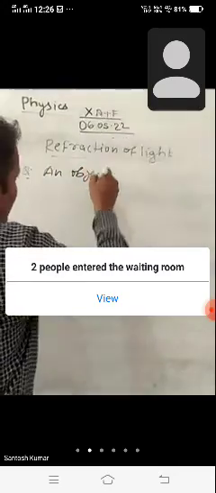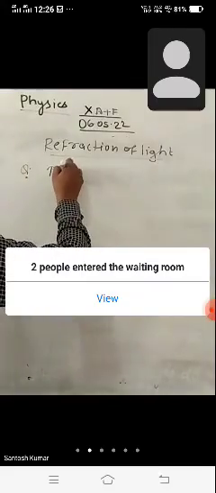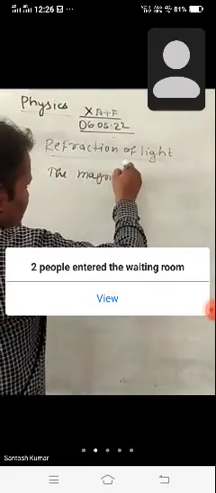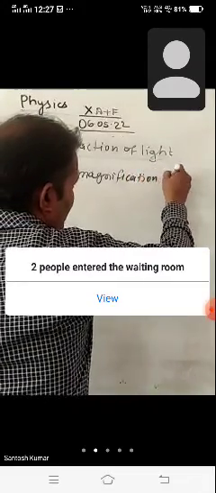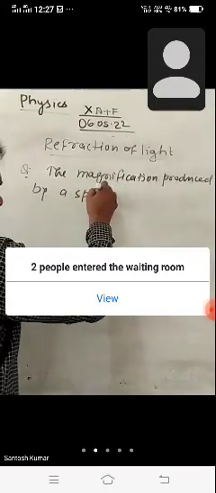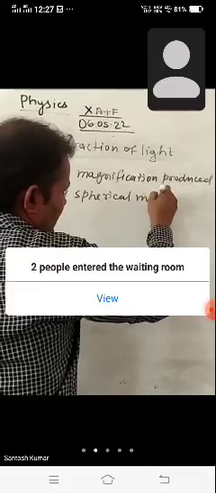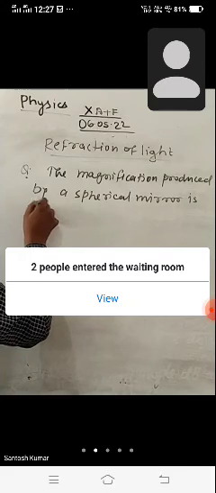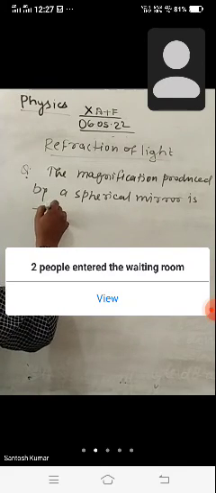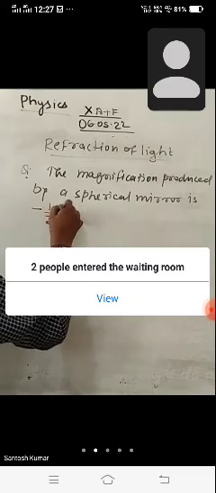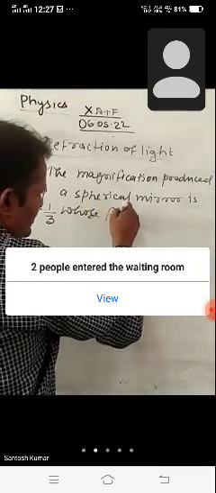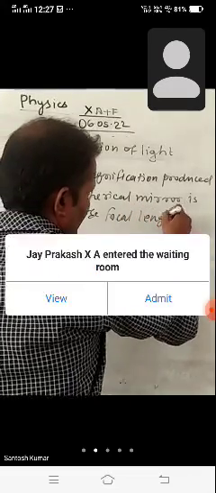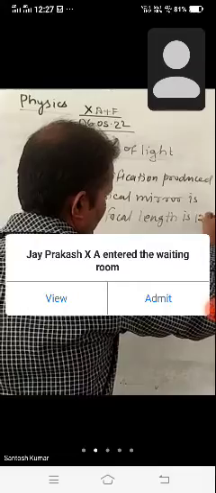The magnification produced by a spherical mirror is -1/3, whose focal length is 12 centimeters.